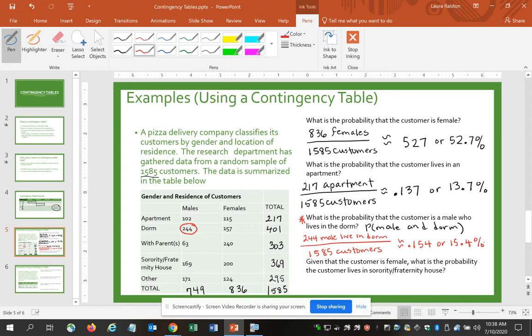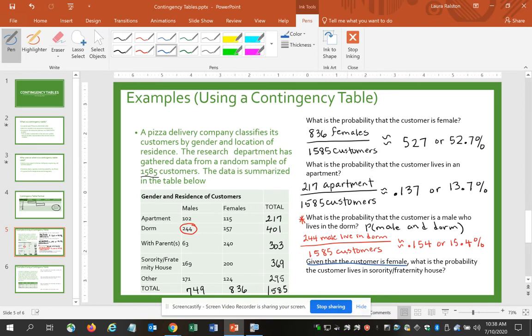All right, let's look at the last one. It says, given that the customer is a female, what is the probability the customer lives in a sorority or fraternity house? Now, this one is not very different, but this is what we call a conditional probability because we've been given a condition. We're told that the customer is female.